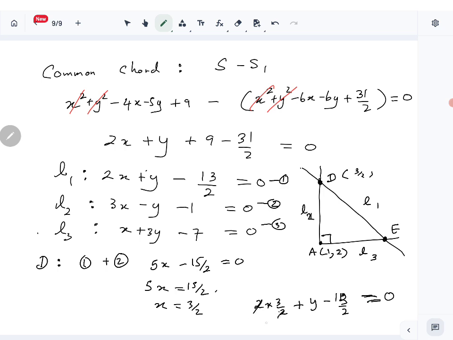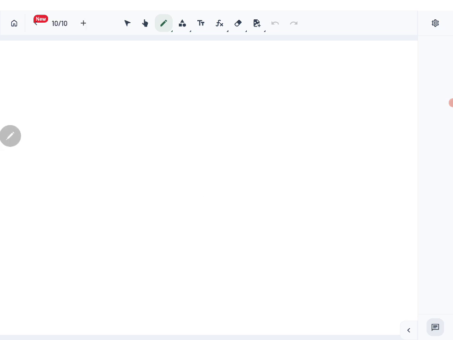So y equals 13 over 2 minus 3, y equals 7 over 2, right? So point D we found. Then we have to find point E. Then the two distances AD and AE give us the answer for the triangle area. So now let's find point E.